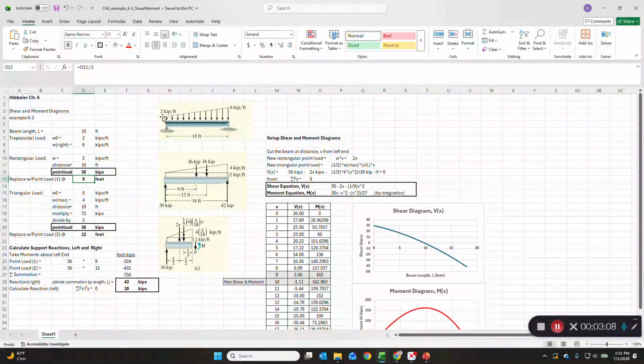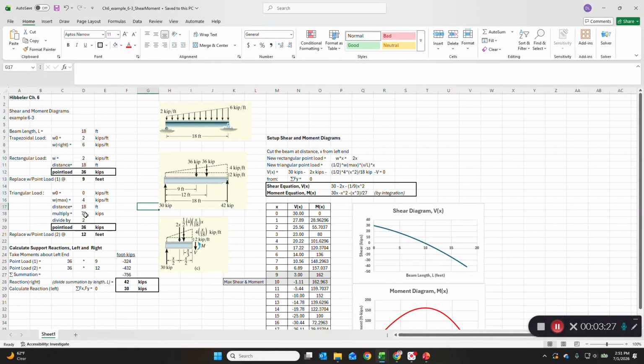Now we're left with a triangular load increasing from 0 to 4 kips per foot. So it's just subtraction. So that's what you see here. So the distance is still 18 feet for that triangular load. And basically, we converted a trapezoidal load into a rectangle sitting below a triangle.